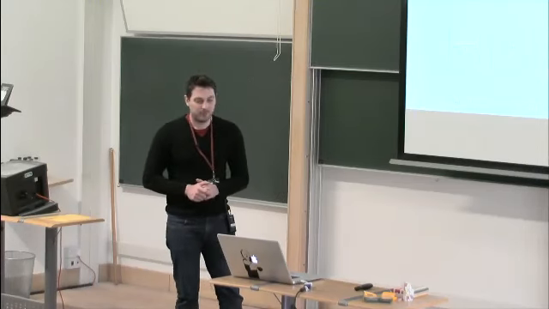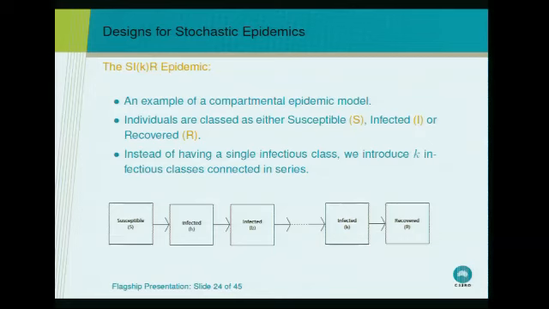tweak the model a little bit. So we now have K infectious classes, or you could have as many as you like, but the idea is that you can come up with processes where the amount of time spent in a particular state, say infected, has a phase type distribution rather than an exponential distribution.